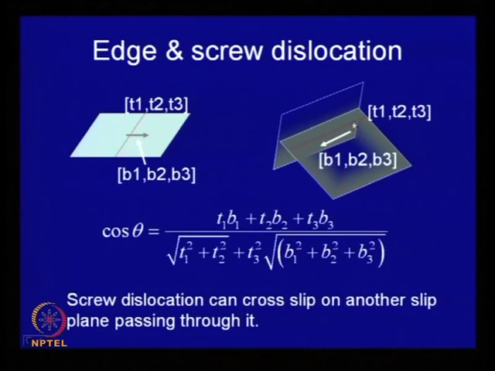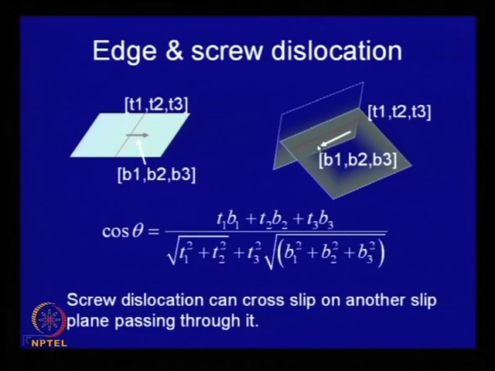Now, this is a screw dislocation, let us say this line is the screw dislocation and it is lying on this plane, and its Burgers vector is parallel to the dislocation line. Therefore, the mobility of this is much more. It can glide on this plane on which it is lying, or it can lie on any slip plane which is passing through this line.